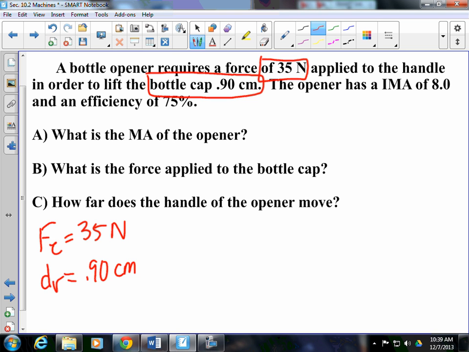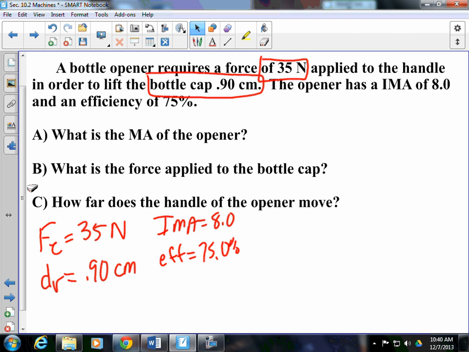The opener has an IMA of 8.0 and an efficiency of 75%. So those are the four pieces of information given to us in the question.